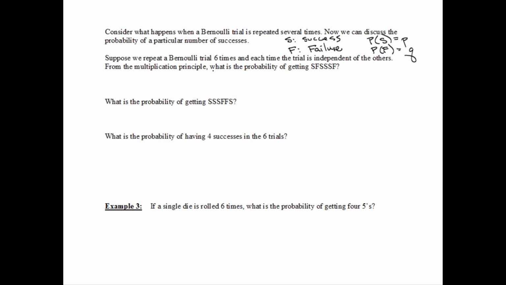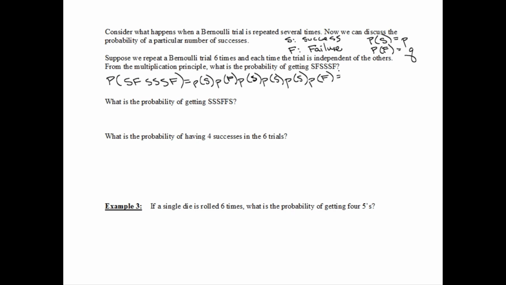So from the multiplication principle, since they are all independent, consider success, failure, success, success, success, and then failure. Since they're all independent, that means that we can multiply the probabilities for each of them together. In other words, we can multiply the probability of success times the probability of failure, times the probability of success, then 3 successes in a row, and then a failure.